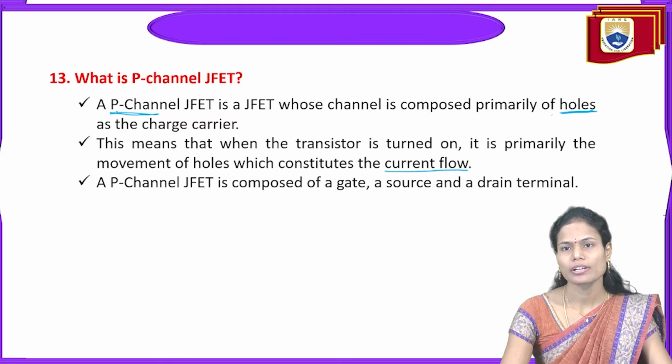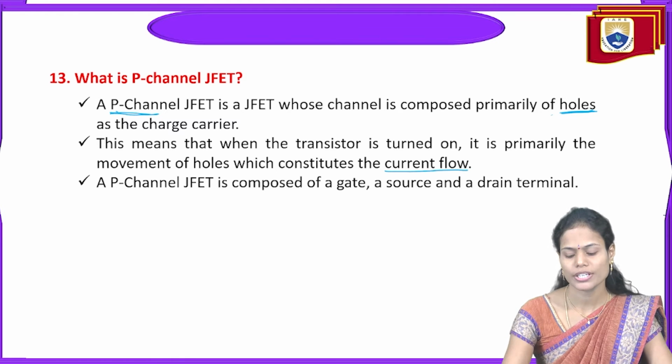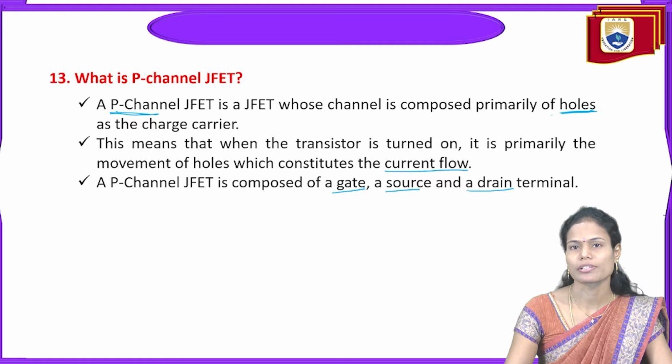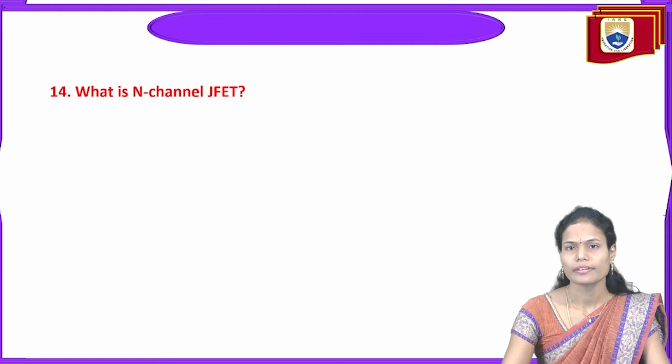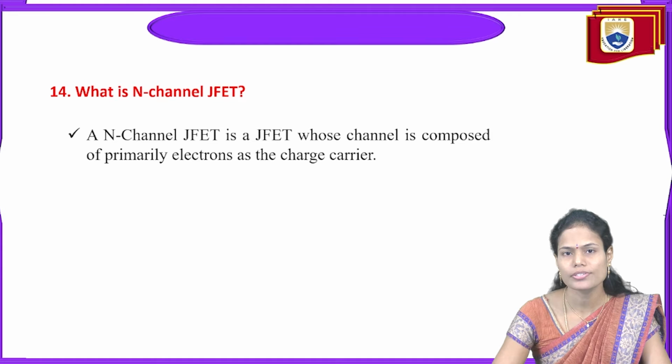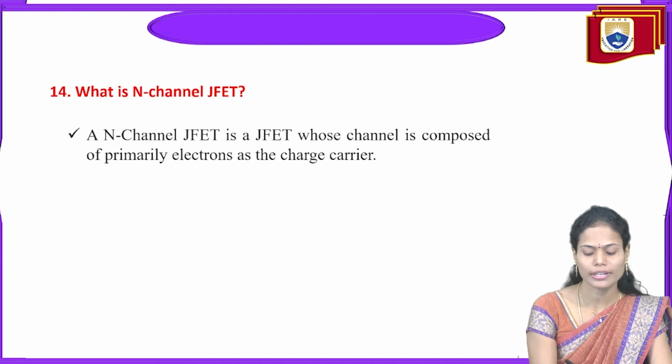This P channel JFET is also composed of 3 terminals: source, drain as well as gate terminals. And next, what is meant by an N channel junction field effect transistor? An N channel JFET is a JFET whose channel is composed primarily of electrons as the charge carriers.